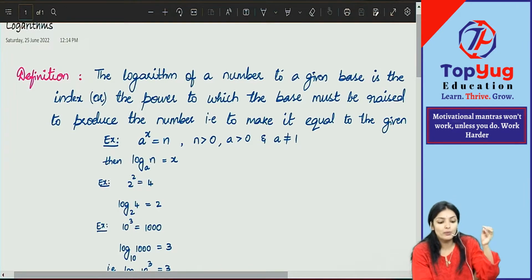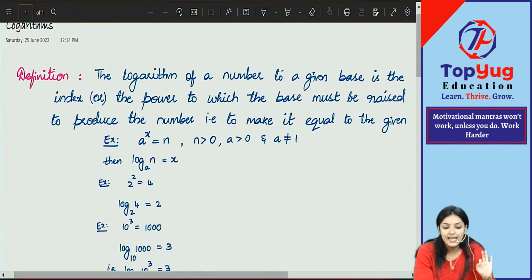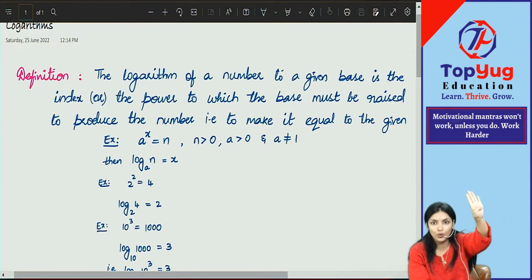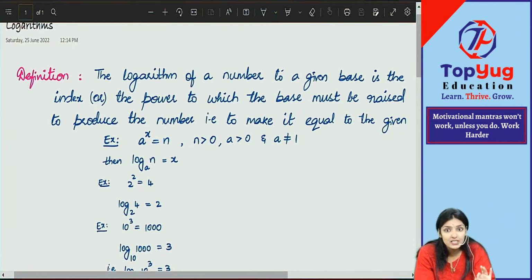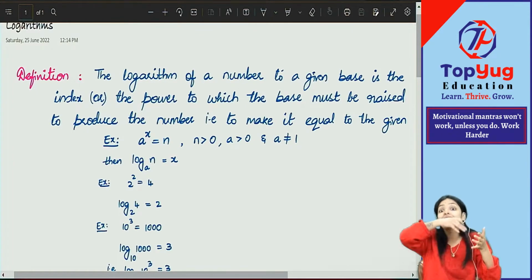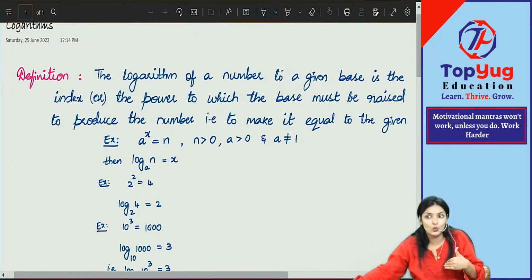Log 4 to the base 2 is equal to 2. Example 2 I am talking about. What is n over here? 4. What is the base? 2. Now what is the power? Right hand side 2.